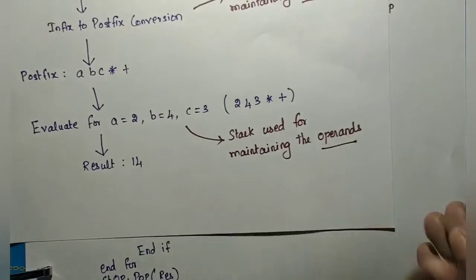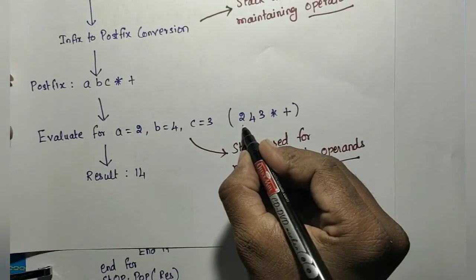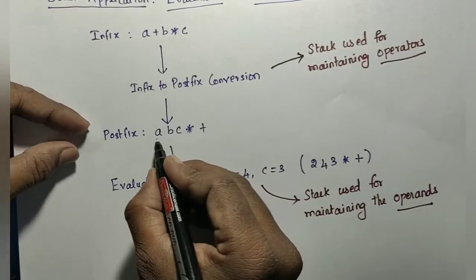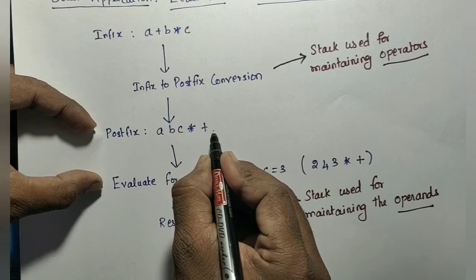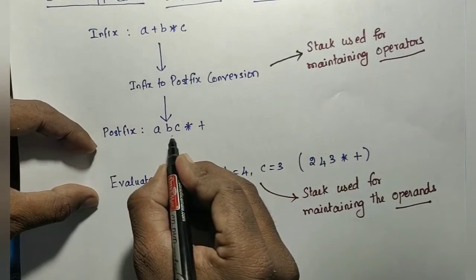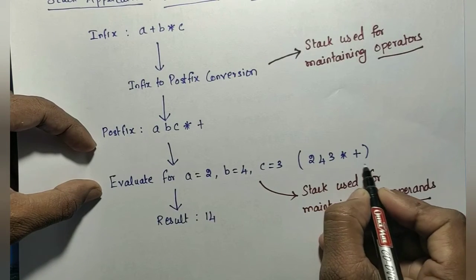The input will be given like 2, 4, 3, star, plus. It will not be given like the variables a, b, c, star, plus. The variable values are substituted in the postfix, and the substituted postfix expression will be given to our algorithm.